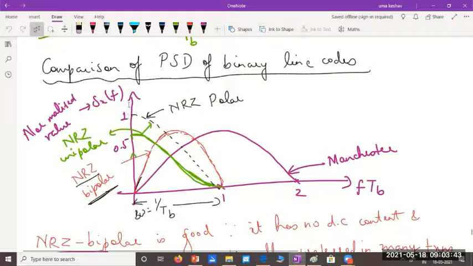The highest value of the normalized PSD was 1 for polar NRZ, whereas it's only 0.5 for unipolar.